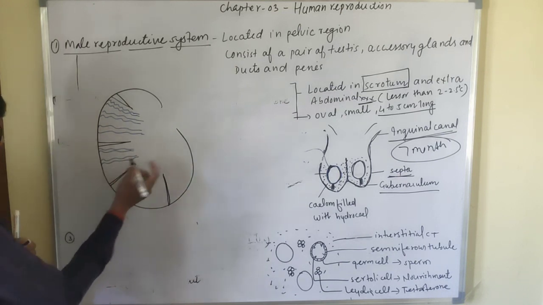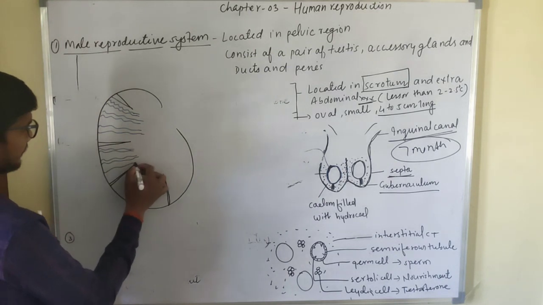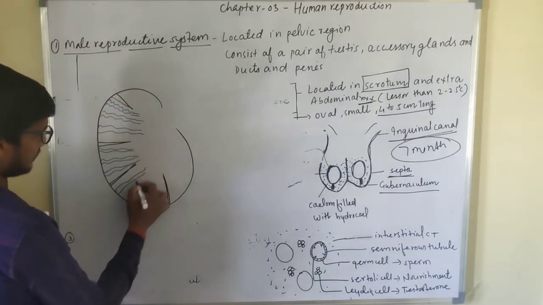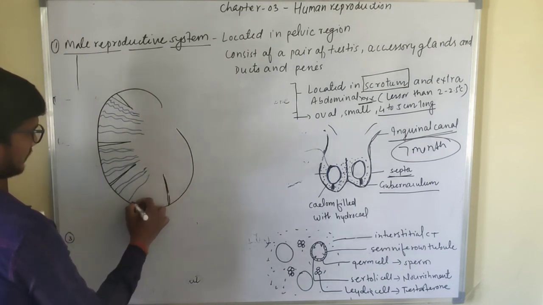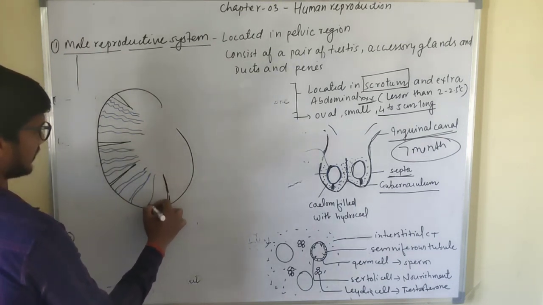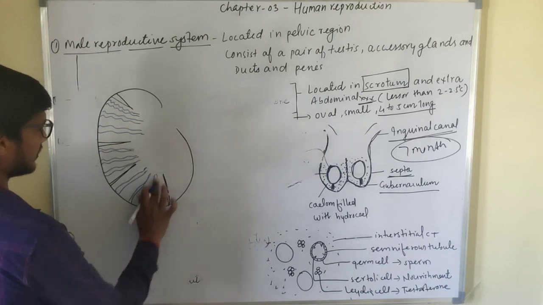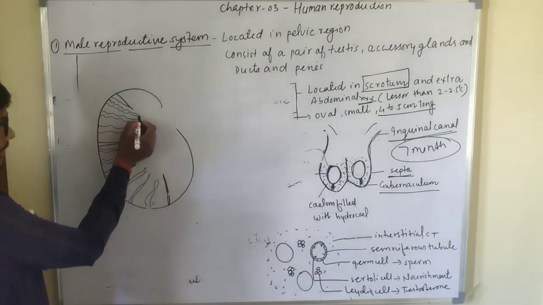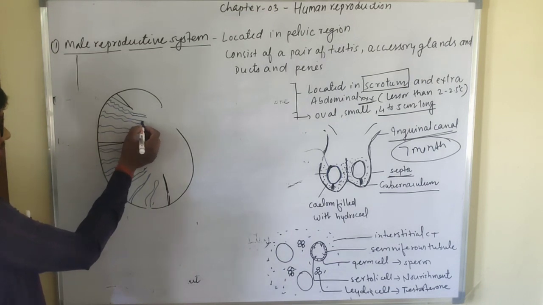Same thing here also. 2 or 3 compartments are here. I am just making 3 once more. 1, 2, and this one is the third portion. Remember, this portion will be quad, and up front this becomes straighter.